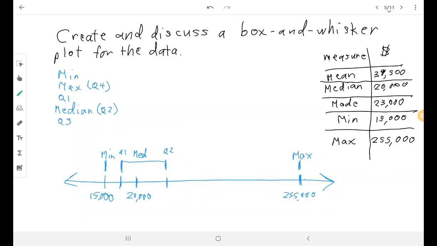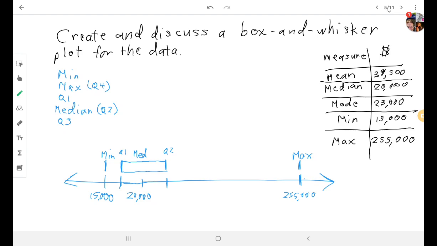and so, oh no, that's a bad mark for the median. Let me redraw. The median is going to be in the middle of Q1 and Q2, right? So more like there.